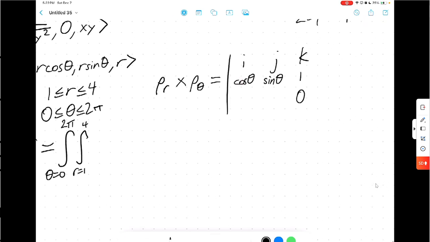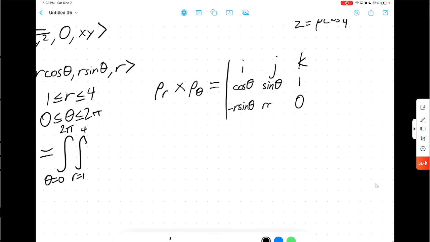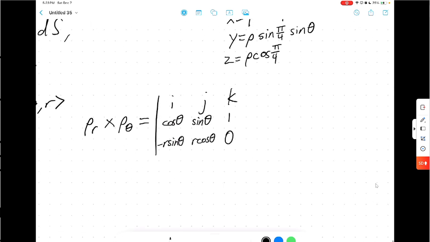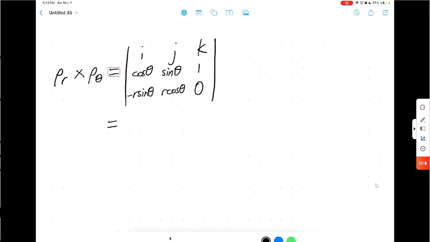That one's a 0, and this is going to be negative r sine theta, r cosine theta, and then 0.